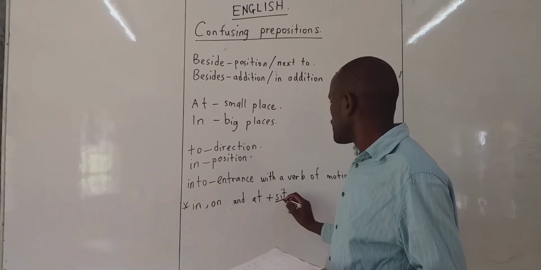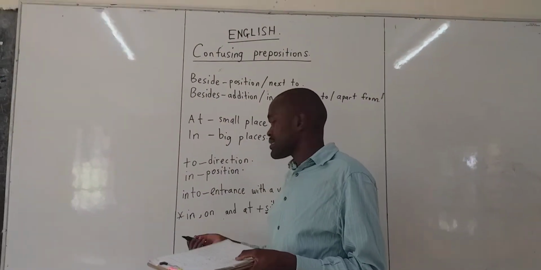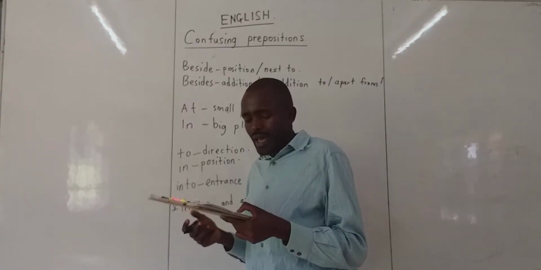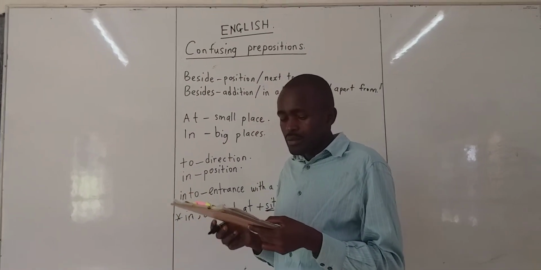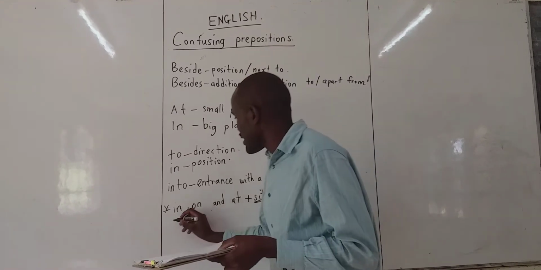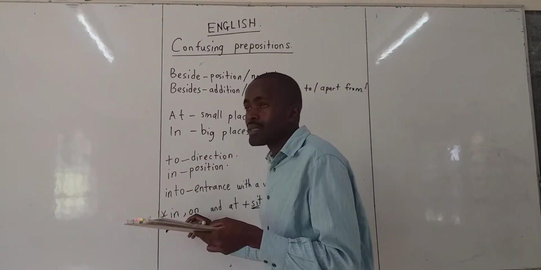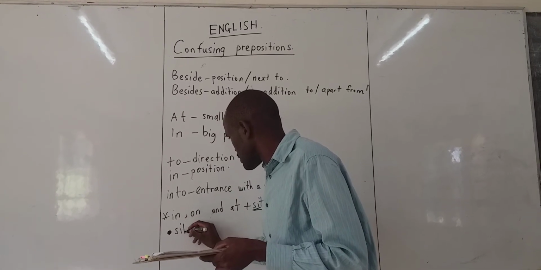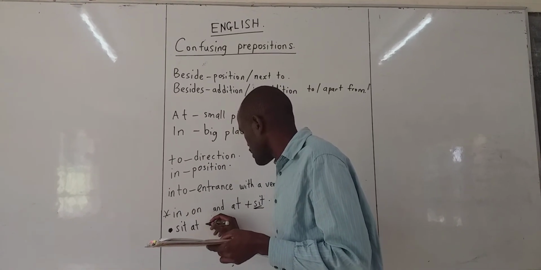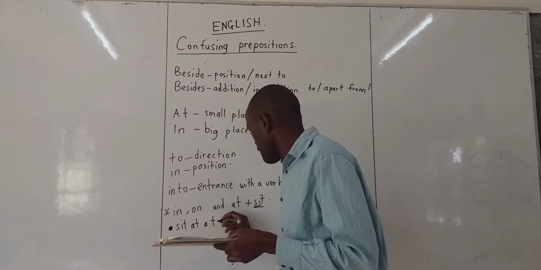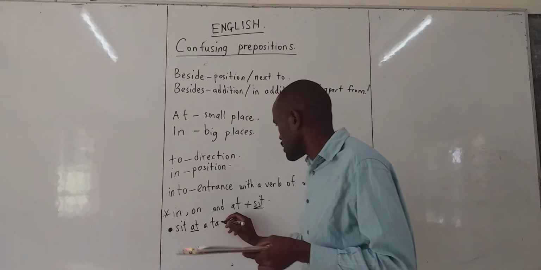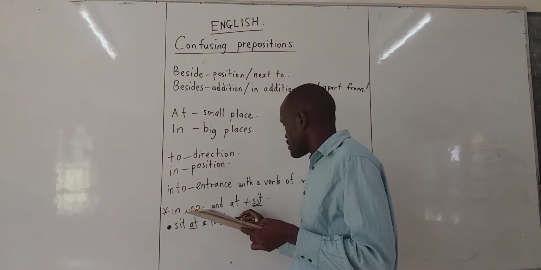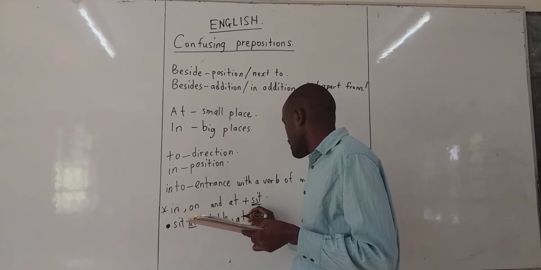I'll start with sit at. You can say sit at a table. You can also say sit at a desk.